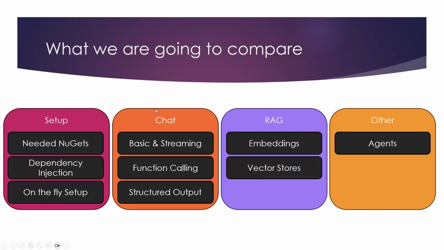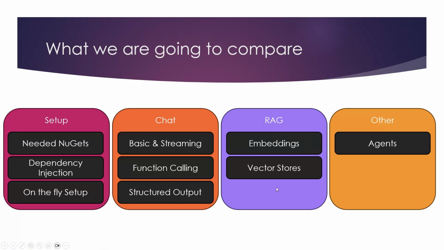What we're going to look at is what NuGet packages are needed for both of them, what dependency injection options there are, and what on-the-fly setup options there are if you can't or don't want to use dependency injection. Then we have chat: basic and streaming chats, function calling, and structured output.